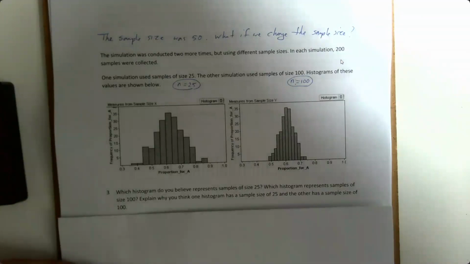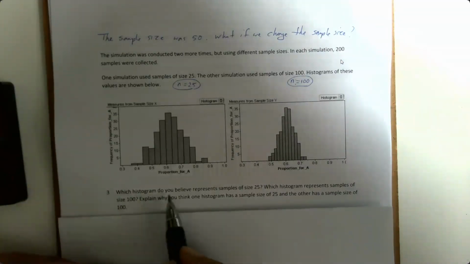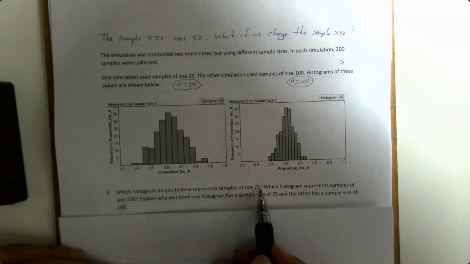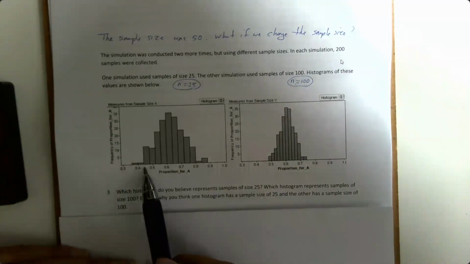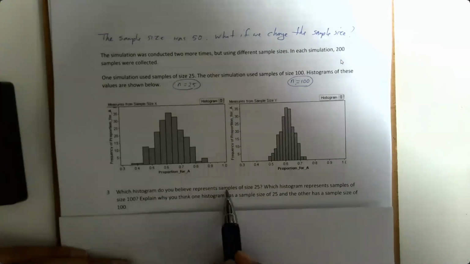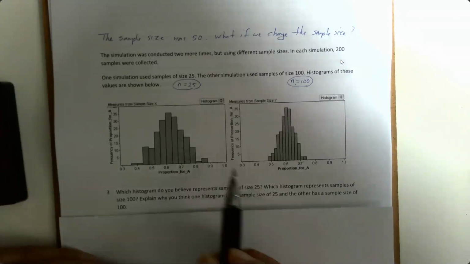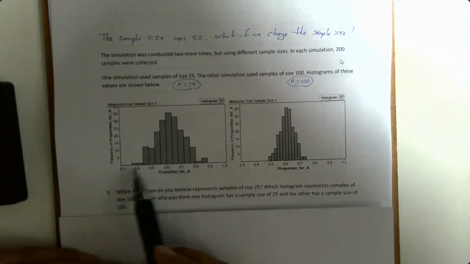Let's take a look at question 3. Which histogram do you believe represents samples of size 25? So of course, the first histogram, the first distribution, represents samples of smaller sizes. Why is that? Because we have more variability.